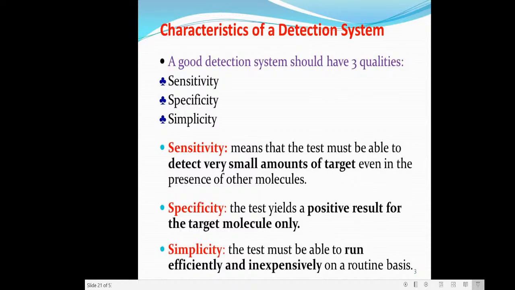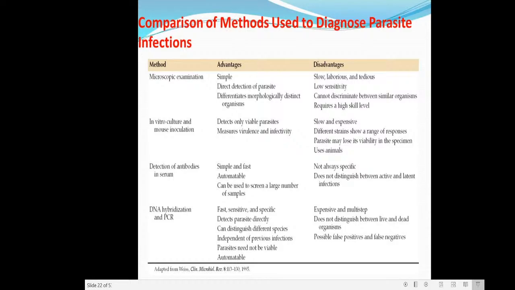Then specificity and simplicity. Here are some other methods in the diagnosis: microscopical examination, in vitro methods, and mouse inoculation. After injection into the mouse, we can detect the effect. Then detection of antibody in the serum, DNA hybridization, and PCR methods. These are all the techniques.